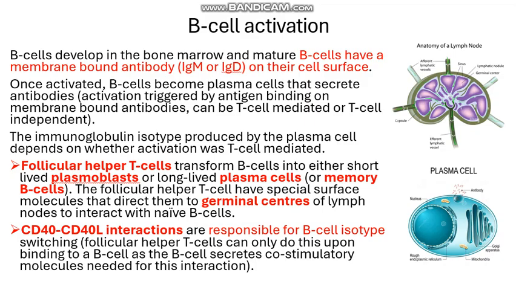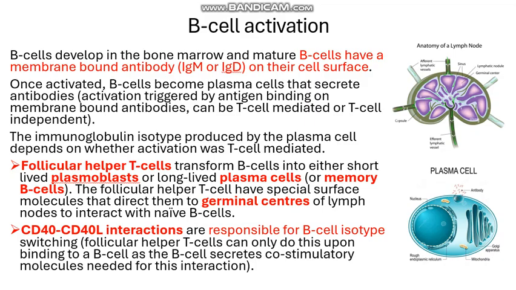The CD40 to CD40L interaction is responsible for B cell isotype switching. Follicular helper T cells can only cause a plasma cell to change the isotype of its immunoglobulins by binding to that B cell.